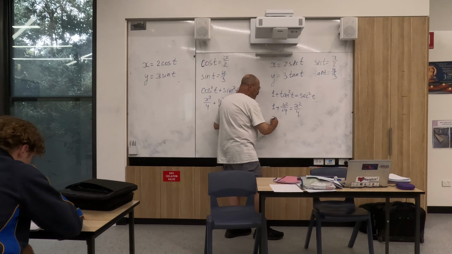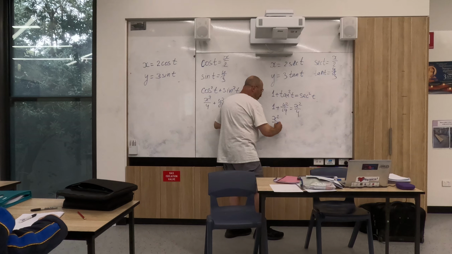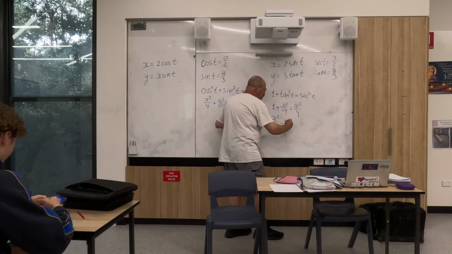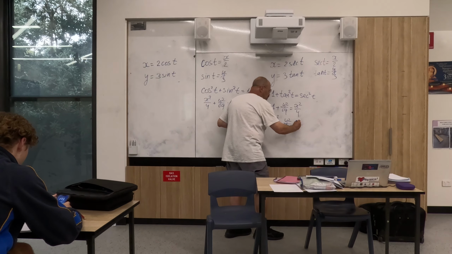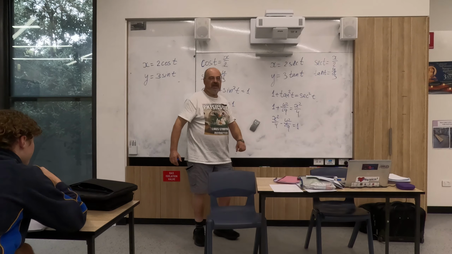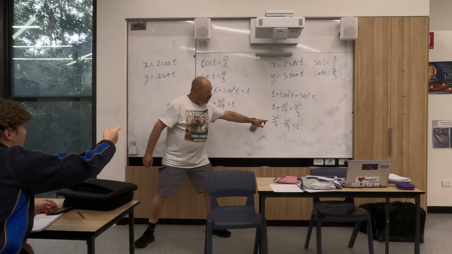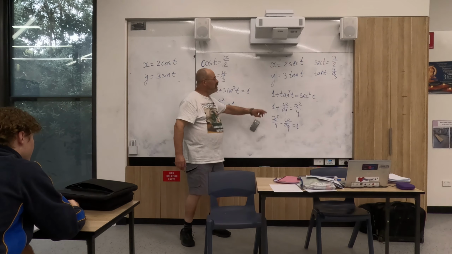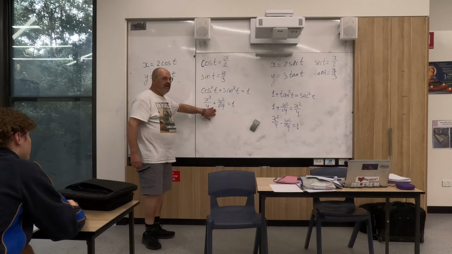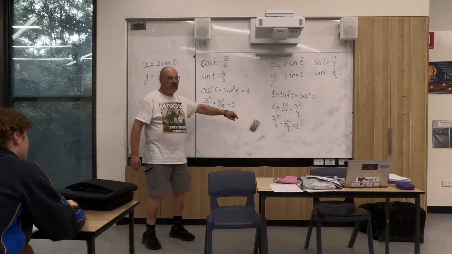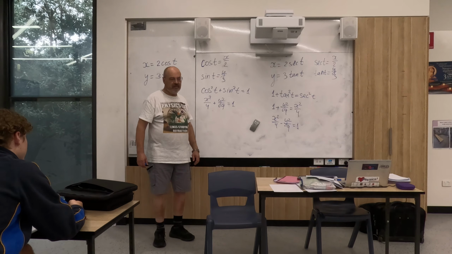Rearranging this, we get x squared on 4 minus y squared on 9 equals 1. This is what shape? Hyperbola. It has a minus. When it's plus, it's an ellipse. When it's minus, it's a hyperbola.